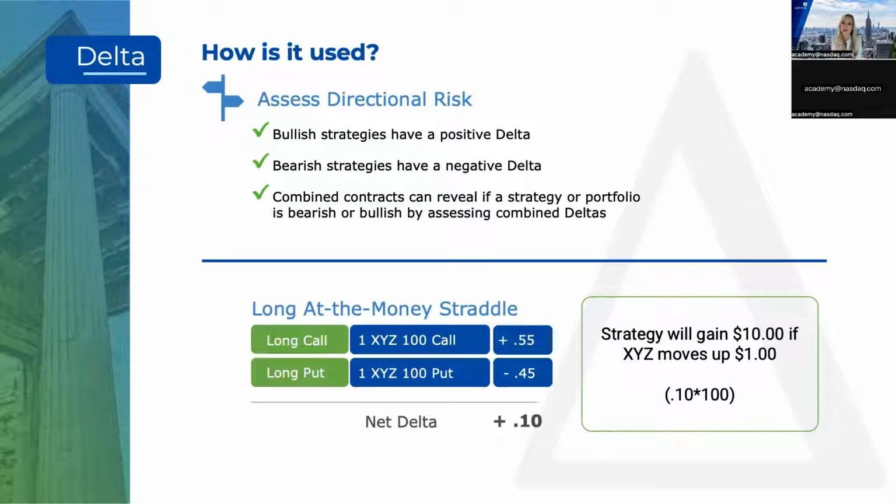That means you're truly neutral, I mean, you can profit from a directional movement on either side. However, this straddle has a very slight directional bias of 0.1. So even though on the surface this looks like you can profit from the security moving drastically up or drastically down, you're more likely to profit from it moving drastically up because we have a directional bias.